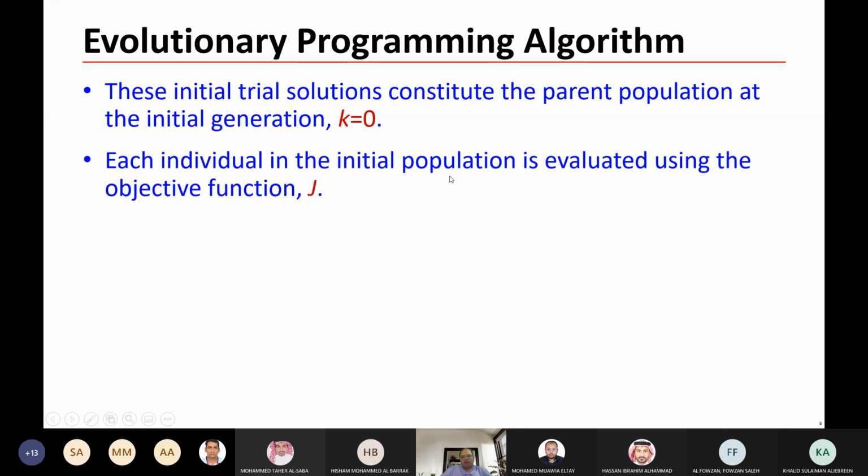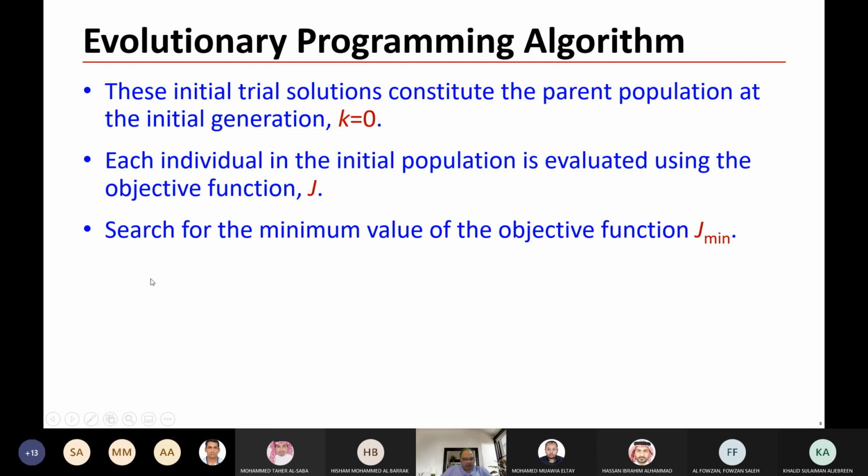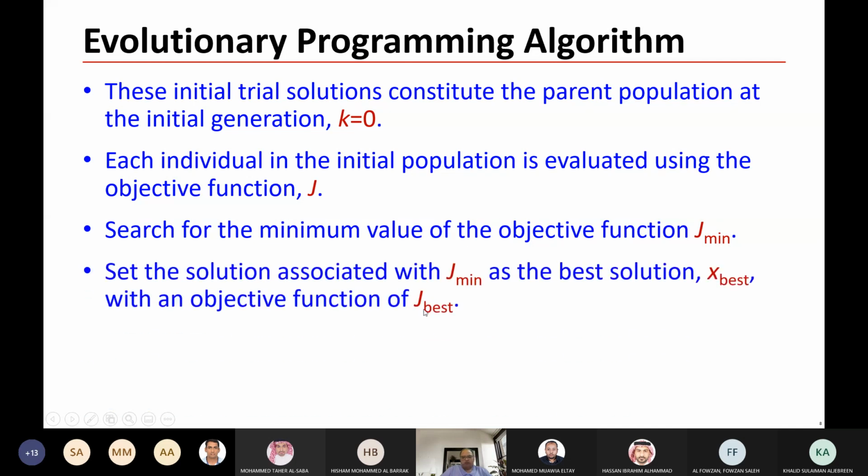Each individual in this initial population is evaluated using the objective function J. Of course, once you create the solution, you can calculate the objective function associated with it, and you can search for the minimum value of the objective function, or you can say the best solution, and also you can set this solution as the best solution.